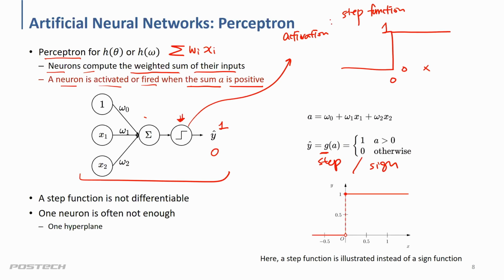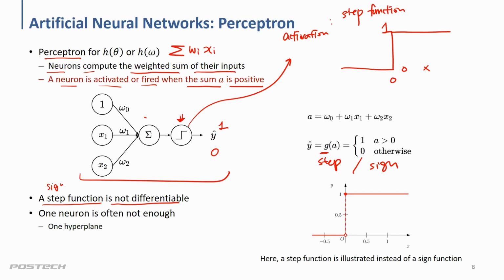So far it's good for the perceptron, but the problem is that the step function or sine function is not differentiable. When you do optimization problems, most likely we're going to use gradient descent. In that case, we have to take the derivatives of the nonlinear functions. But if we use a sine or step function, we cannot take the derivative.